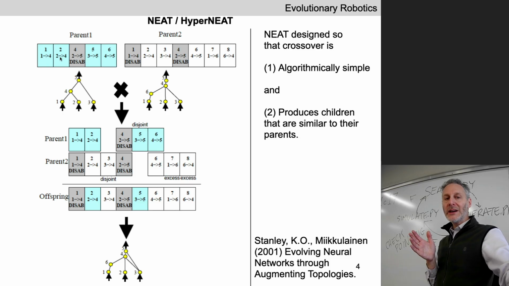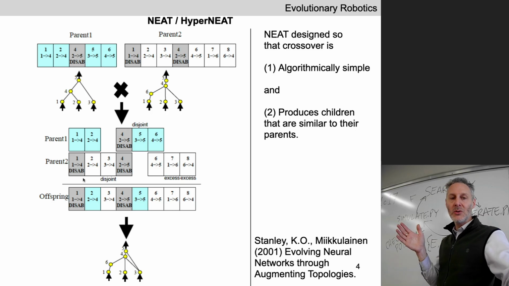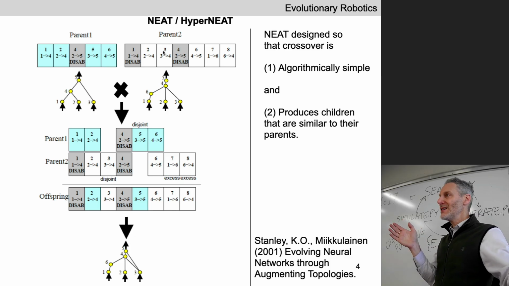We keep walking now from left to right along parent 1's genome. We take this synapse that has an innovation number of 2, we put it here, do the same thing. Go back to parent 2 and go looking for an allele. We find one. There is a synapse in parent 2 that has an innovation number of 2. We put it under here. There is no innovation number 3 in parent 1, but there is an innovation number of 3 in parent 2.